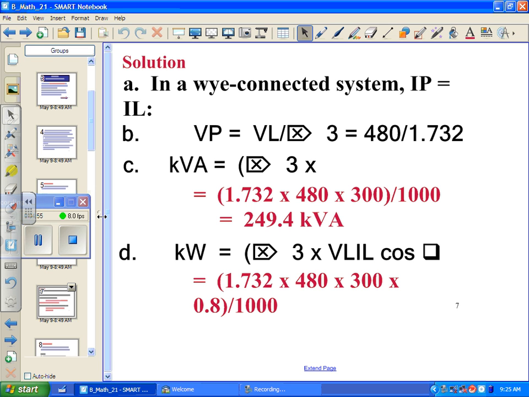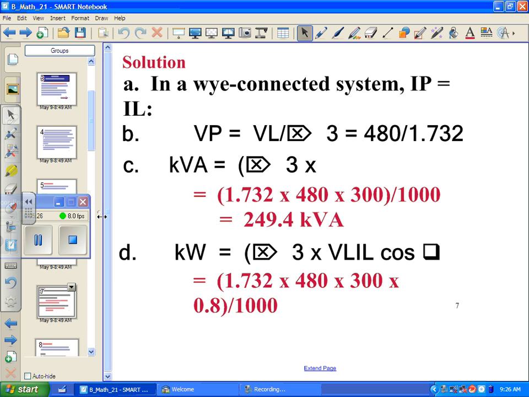And our input power. We know that the formula for input apparent power is, if we have the phases, then we can just multiply the phase voltage times the phase current times 3, and we'll get the total apparent power.